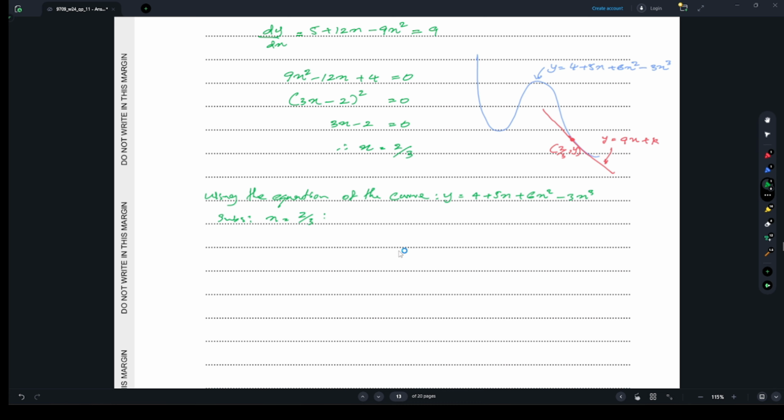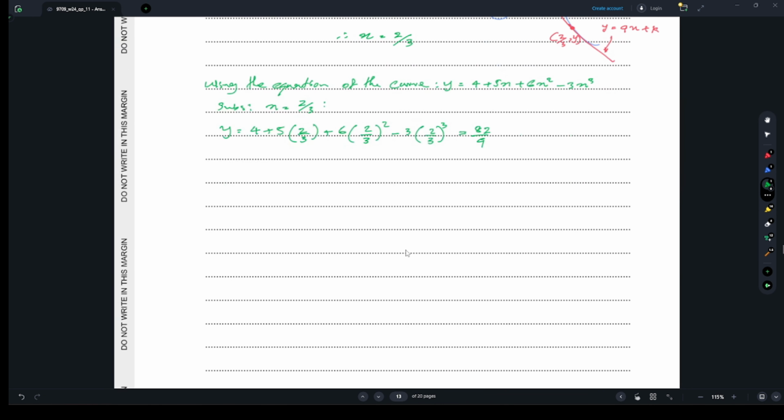So y equals 4 plus 5 times 2 over 3 plus 6 times (2 over 3) square minus 3 times (2 over 3) cube. You can use the calculator and simplify this one. Okay, so the answer will be 82 over 9.